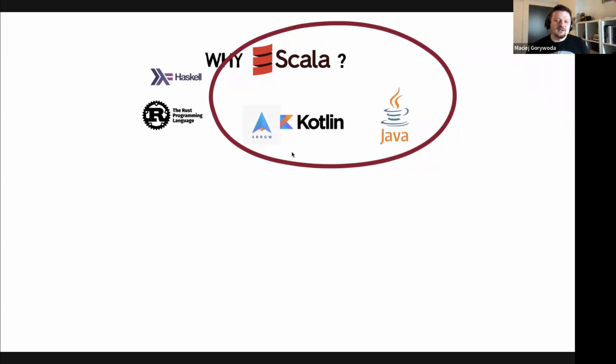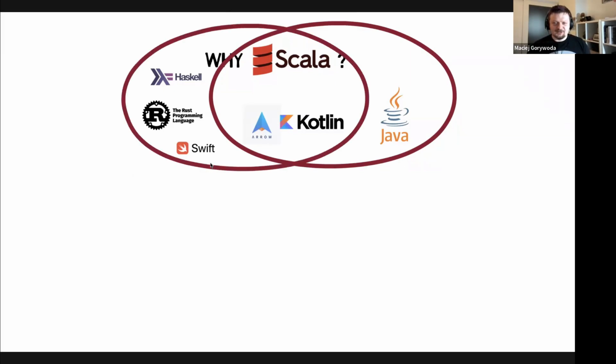So Kotlin with Arrow moves Kotlin more to the functional side. And I think Swift is also a good example of a programming language that uses some functional programming principles. So we have those two circles here: Scala and maybe Kotlin with the Arrow companion, as languages that are both on the JVM and also very good at using FP.